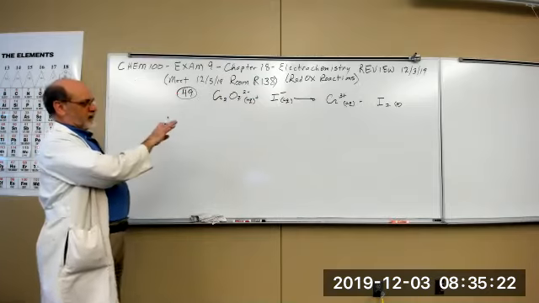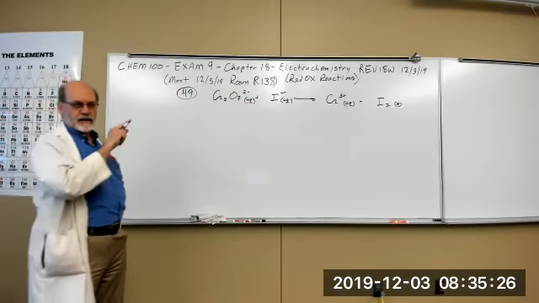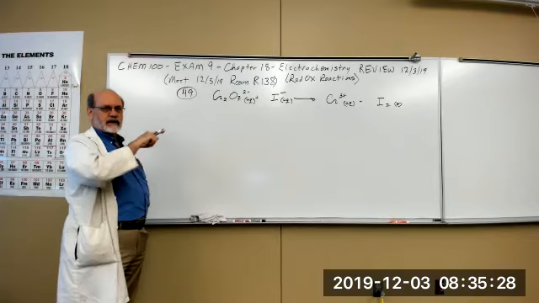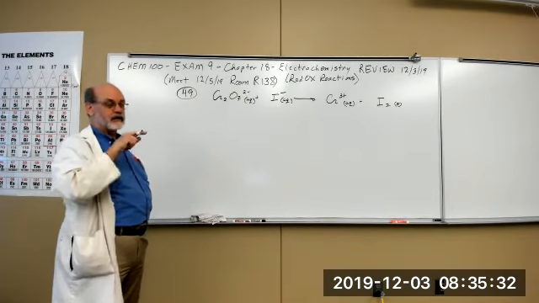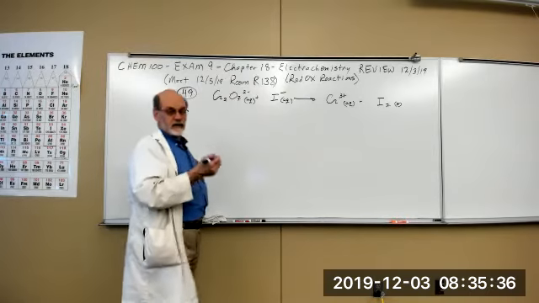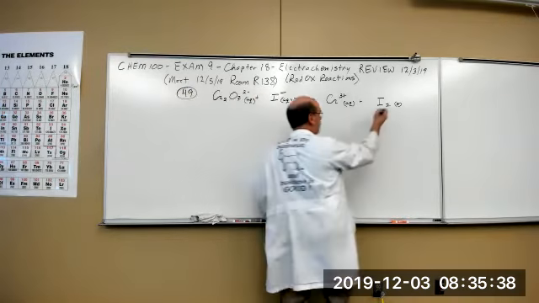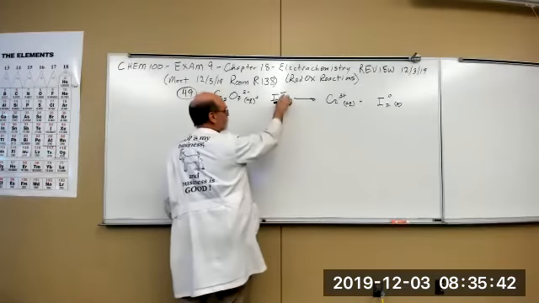Now, first thing you have to do when you're balancing one of these equations is decide which reaction is the oxidation and which one's the reduction. And to do that, you've got to determine oxidation states. So the easy one is the element. That one's 0. That one is -1.